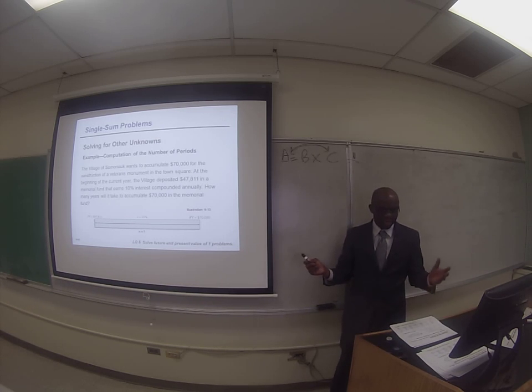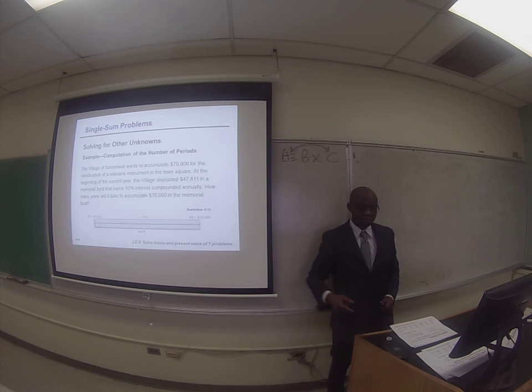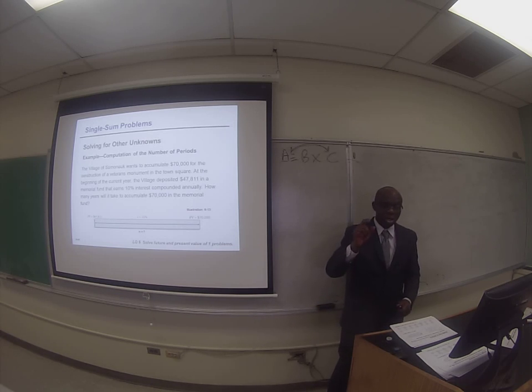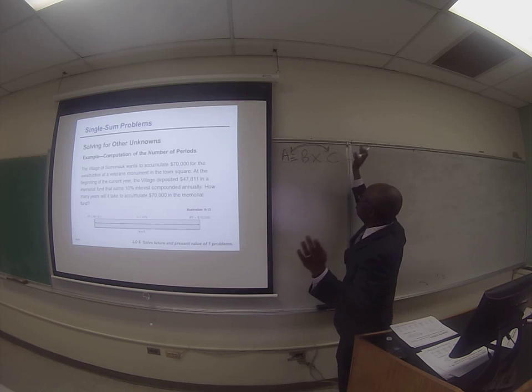The $47,000 definitely is the present amount, because the village is going to deposit $47,000 right now, and they desire to have $70,000 in the future. The question is, what is the number of periods that is going to make that happen? So choose. It is your choice. What do you want to do?